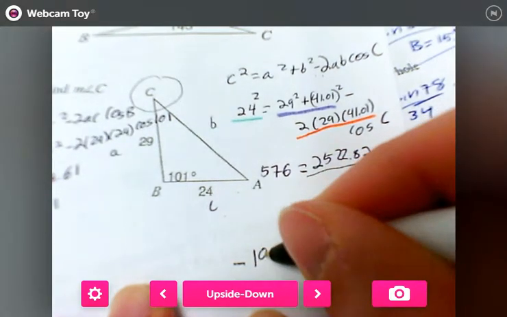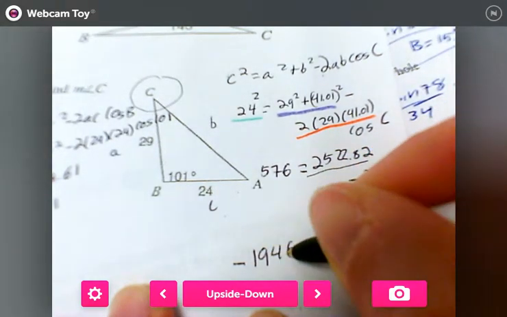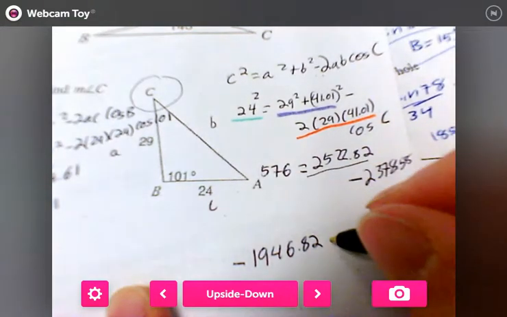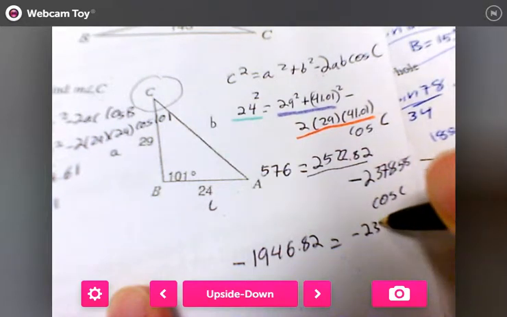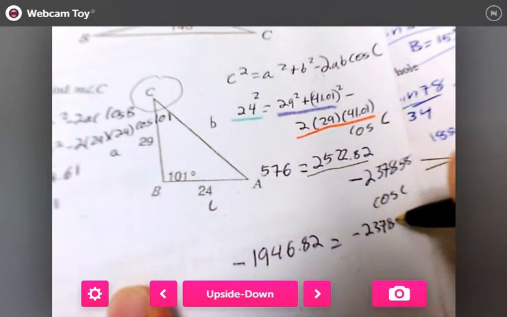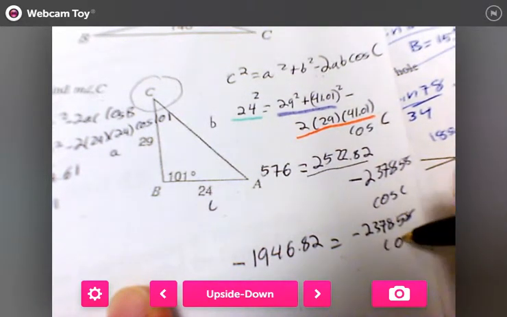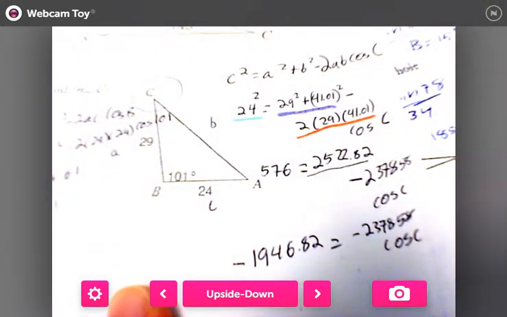I'm going to get a negative answer, and that's okay. Negative 1946.82 equals negative 2,378.58 cosine C. And then I'm going to divide by that negative number. Divide by negative 2,378.58.